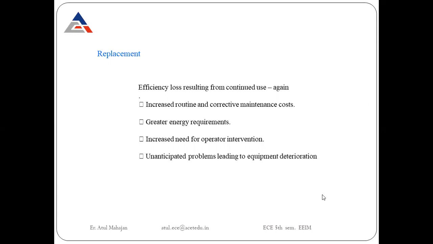Greater energy requirements. We require greater energy resources for replacements. But why do we have greater energy requirements? Because with continuous usage, we need to get it repaired after a certain span of time.